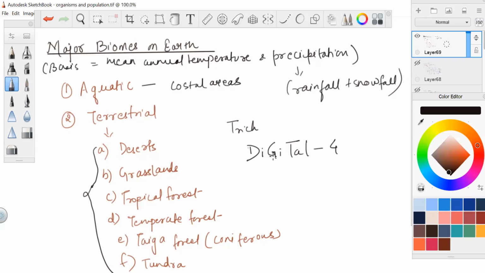Desert, grassland, and there are 4 T's: tropical, temperate, taiga, tundra. This is D for desert, G for grassland, and T. So 4 T's are there, and you can remember tropical, temperate, taiga, and tundra for terrestrial.